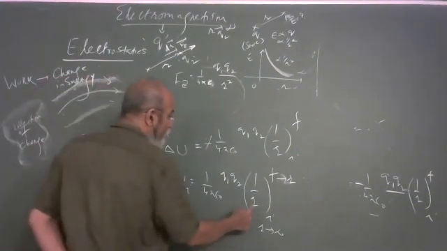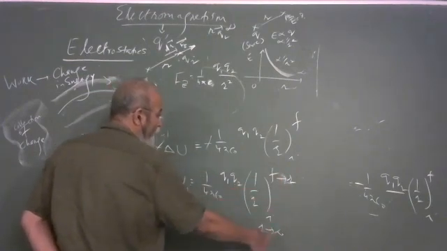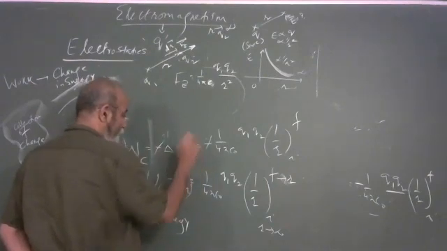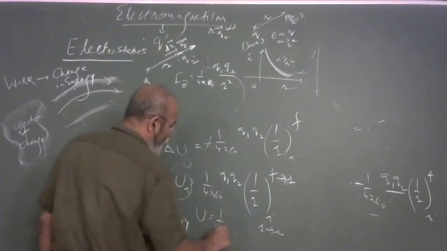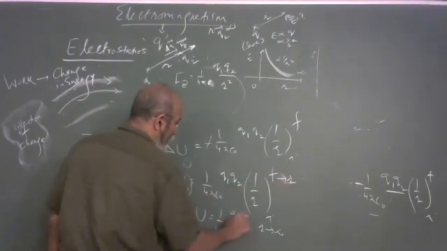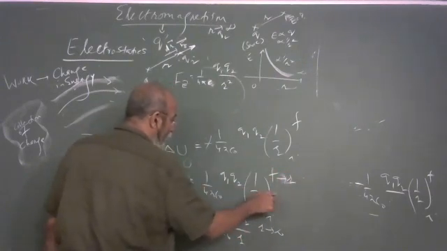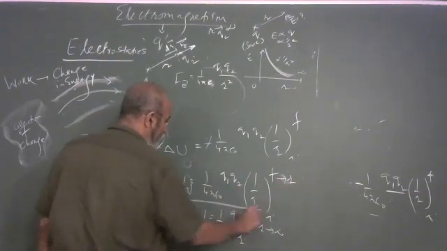Hence, when I put minus 1 upon infinity, that's zero. That means this is zero. And hence you get U equal to 1 upon 4 pi epsilon naught, at any position R, Q1 Q2 upon R. Put infinity, zero. So you are left with this.